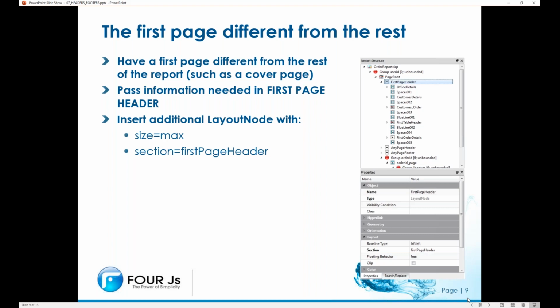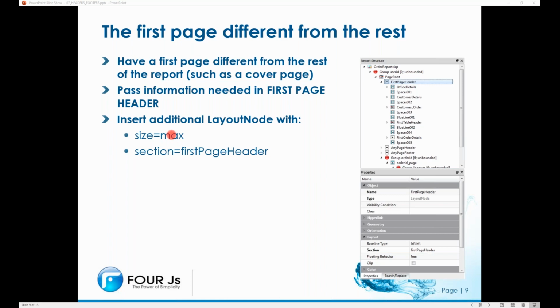The idea being here is if you have a first page, like a printout cover page, that you want to be different from all of the rest of the pages in your report, you can create a first page header. And in that first page header, you just make its size equal to max. So if it's max, it's going to take up the entire length and width of the page.